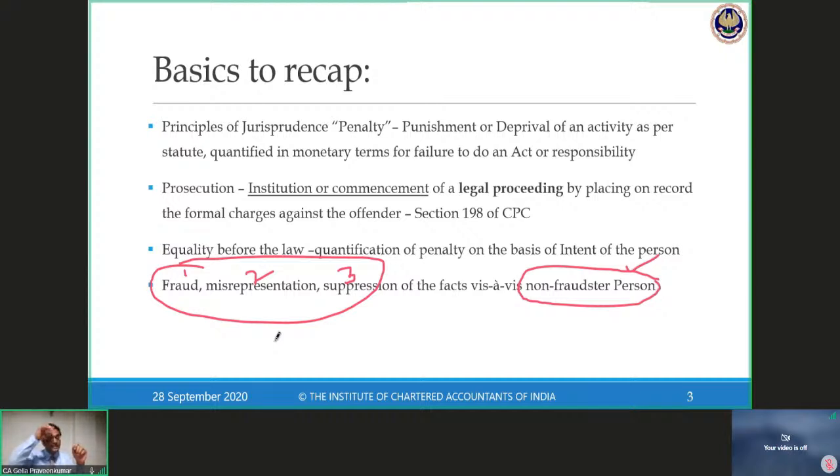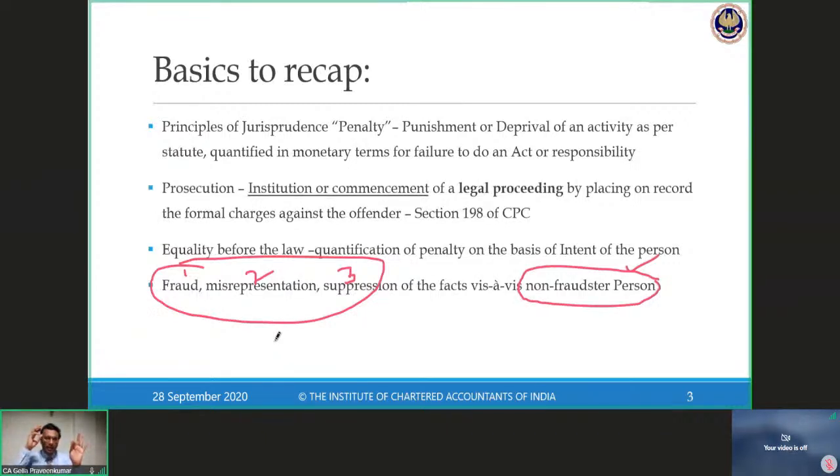So with this backdrop, friends, I would recommend, may not be for your examination per se, it could be for the purpose of your internal audit, your management compliance audit, proprietary audit, and finally your GST retainership assignment with the client.